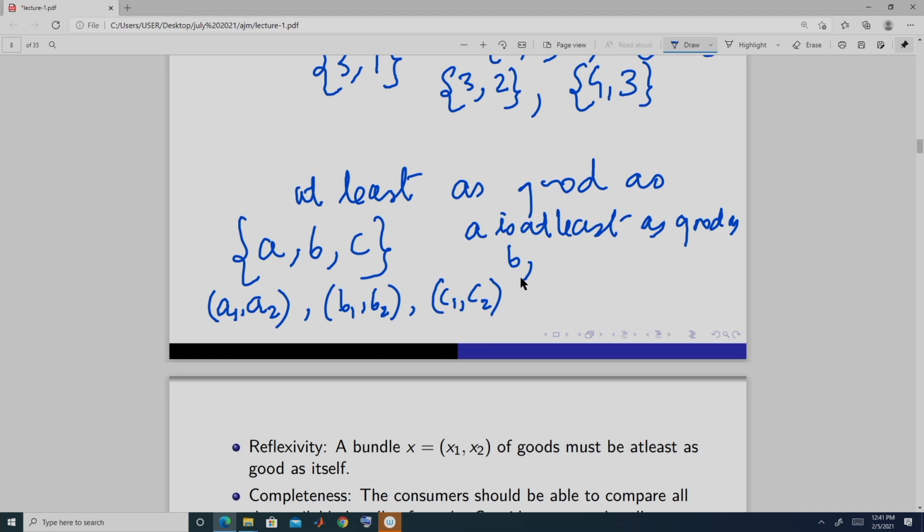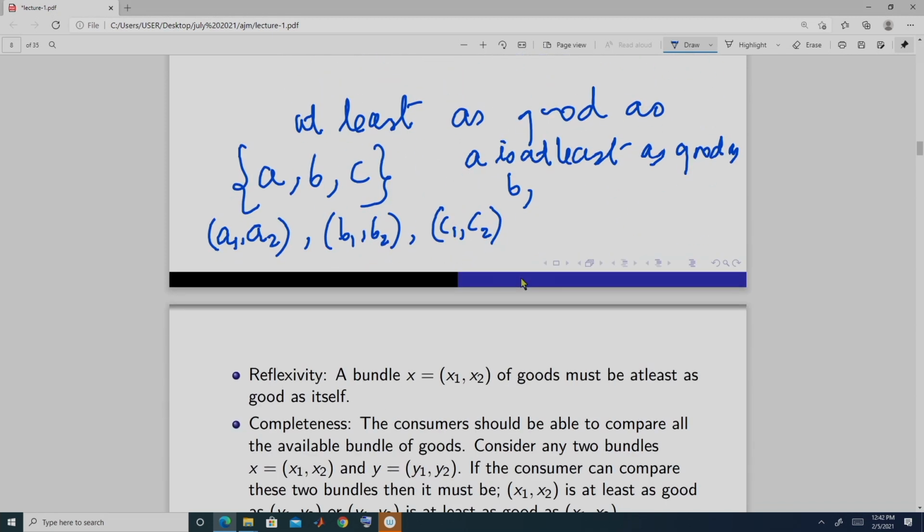So we define this, but it is already given to us. So this is mainly the binary relation that we are going to use, and this "at least as good" relation is represented by a symbol. Now, we specify certain assumptions on this binary relation, so that we will be able to find the best bundle.